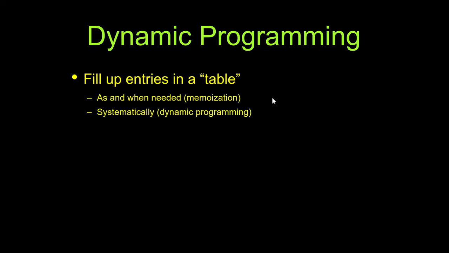A quick comparison with memoization before we start with dynamic programming, so that you can keep in mind when studying dynamic programming. Both memoization and dynamic programming are filling up entries in a table. For memoization, an entry in a table is filled up in no particular order. But for dynamic programming, it is filled up in a systematic way.